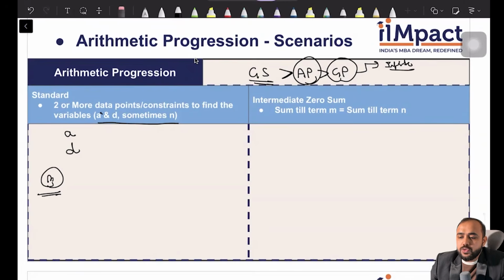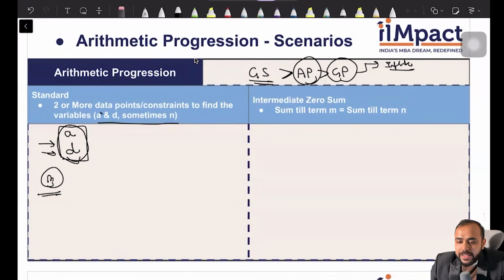It is generally given. So these two things are technically all you require to define an arithmetic progression. And once you have that arithmetic progression defined, it does not matter what they ask us. Because there are two variables, they should ideally give me two or more equations or certain constraints which will help me narrow down on the values of a and d.